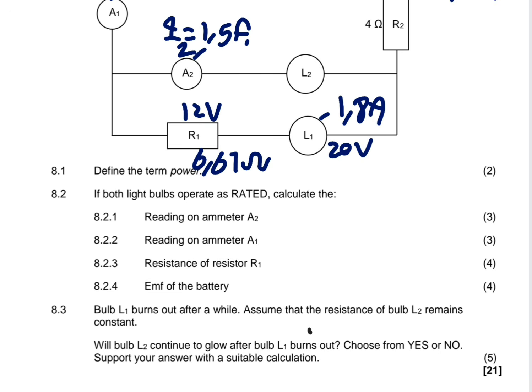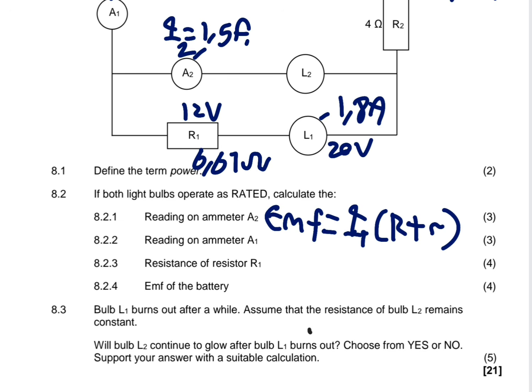So that's what we mean when we say internal resistance: some of the voltage is lost due to internal resistance. So what's the formula for EMF? EMF is equal to the total current multiplied by R plus internal resistance. What do we need?